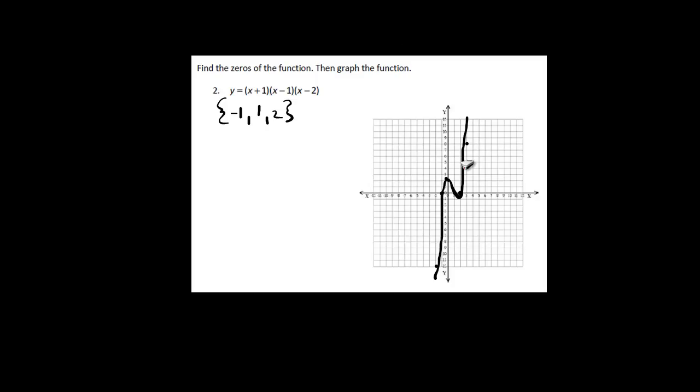So let's just do this over again. Just erased it again. Alright, let's see if this is better. There we go. Put arrows at the end and you've got your graph.